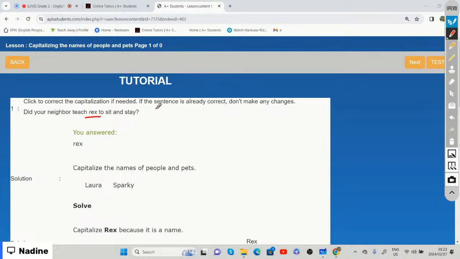So did your neighbor teach Rex, capital letter, to sit or stay? Right? Meaning that they want to know, did you actually train Rex? And we say that we capitalize names of people and pets, meaning, for example, Laura, Sparky, Rex, Spotty, a name, I'm just going to choose any name, Samuel, right? These are just names of people or names of pets.